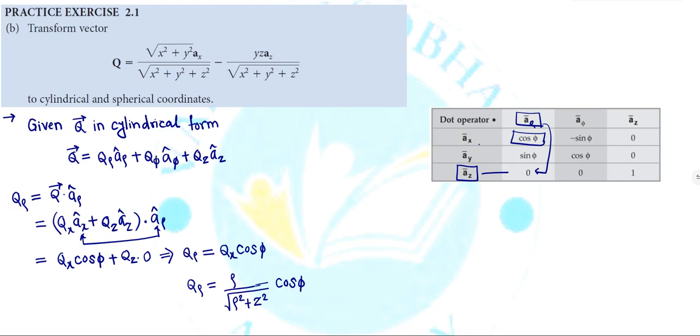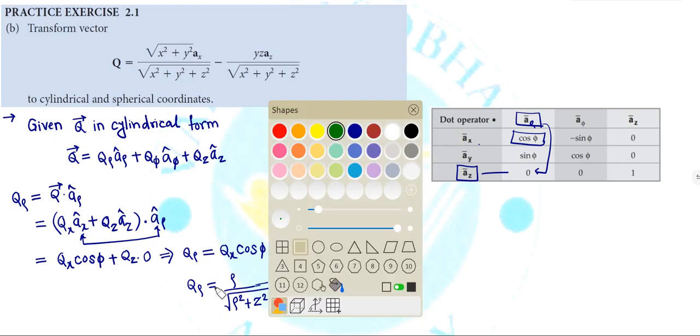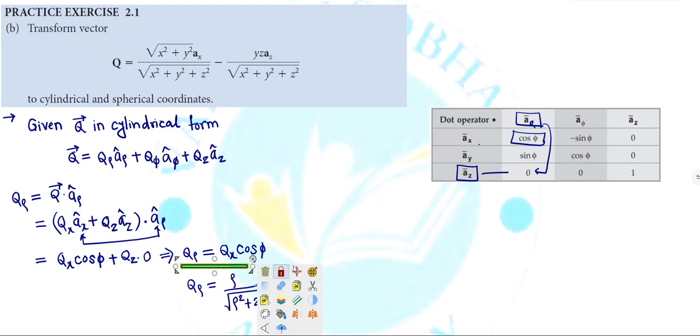So this is the very first element that we have from our equation. So you can take note of that one. So this is the q rho. You can note it down. Okay.